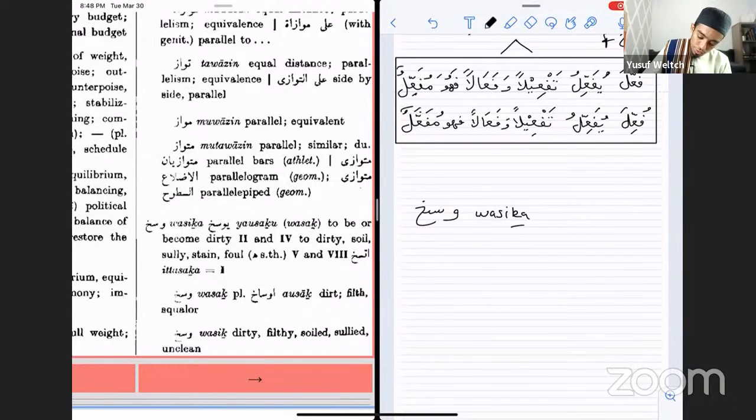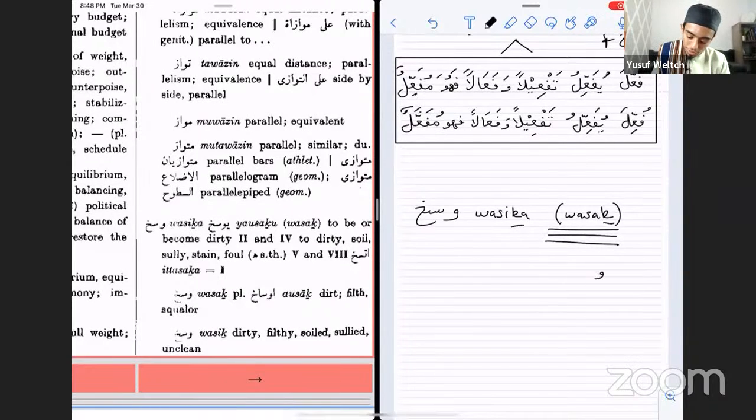If you slide over, it has something in brackets. In that brackets, that's only there for form 1. That's the root noun for form 1, wasakhun. But unfortunately, they give it to you in English, and you have to untransliterate it. Wasakhun is the root noun.